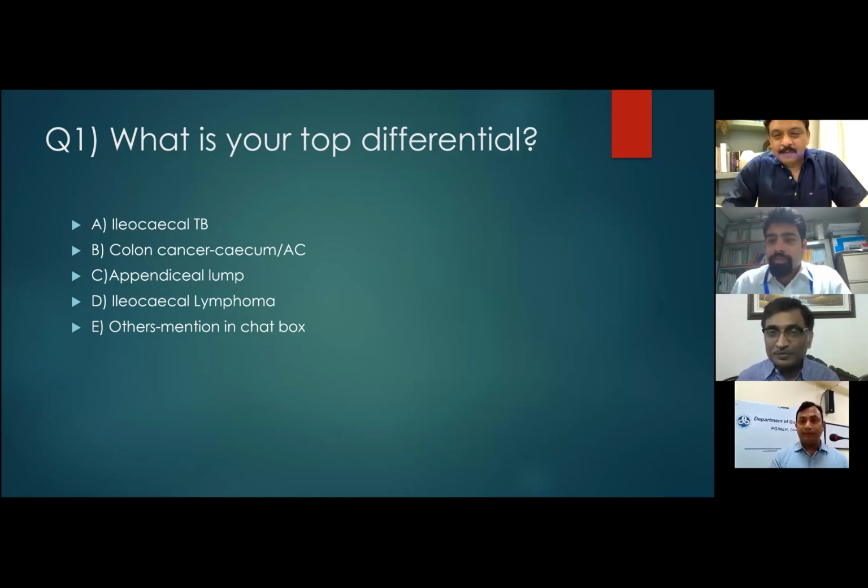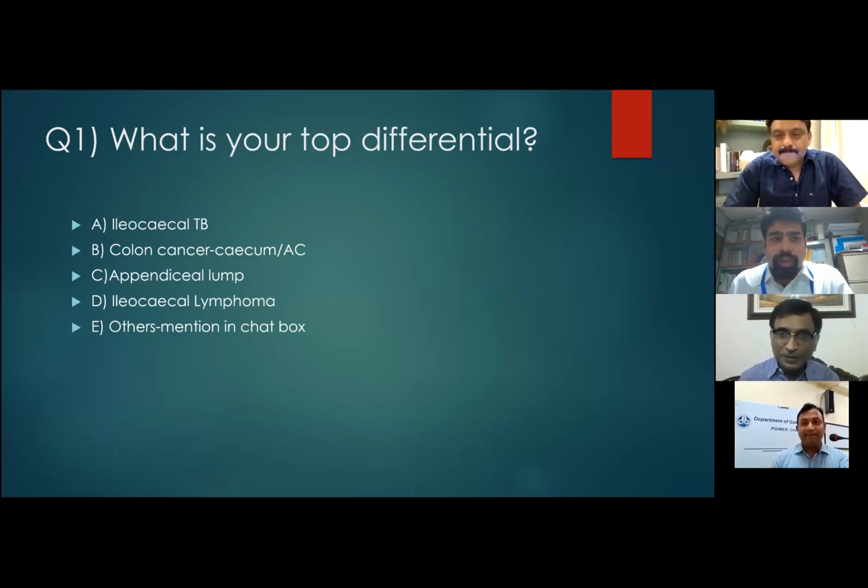I think this would be discussed subsequently, but Arup, would you like to respond? Very briefly, I kept the possibility of GIST in this situation, but there are some odd points regarding GIST. With such a big GIST and without a GI bleed, I will keep it as a lower possibility, sir, not a higher one.